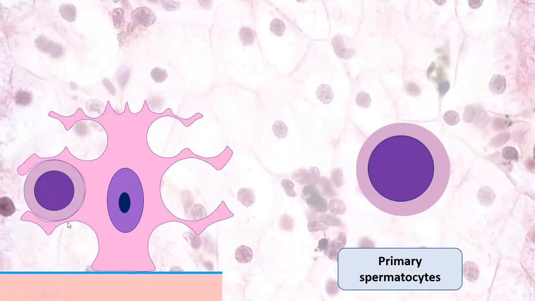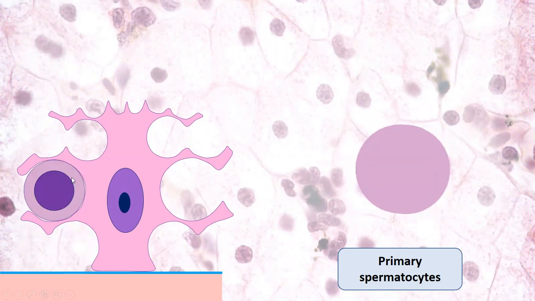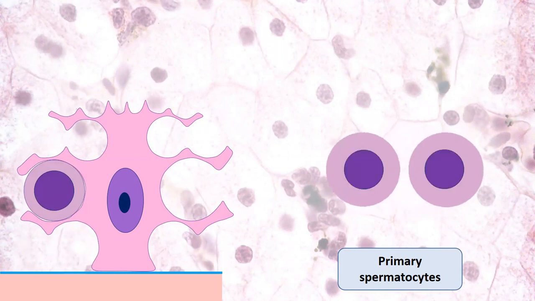So during their development, they don't stay in the same place. They are moving to the lumen. And the primary spermatocyte is located above the spermatogonia. It goes upper. After that, the primary spermatocyte gives rise to two secondary spermatocytes, which also are going to the lumen.